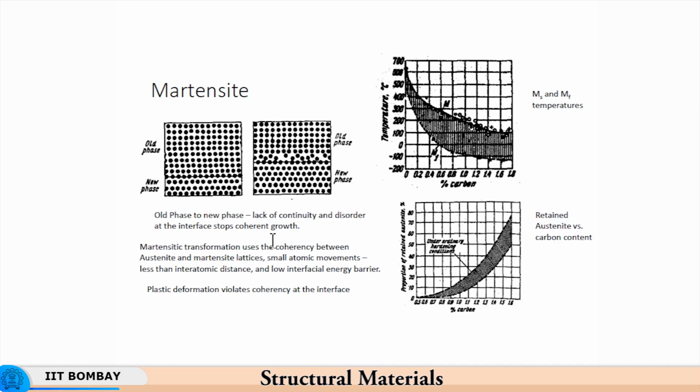Many times martensite start and finish temperatures are adjusted in such a way as to generate martensite as per requirement. For example, you need to generate, let us say, strain induced martensite. What happens is the martensite start is located just below the room temperature, and when you do mechanical working, then the mechanical energy that is given to the alloy results in formation of martensite, because martensite start moves above the room temperature as you give more strain energy to it.